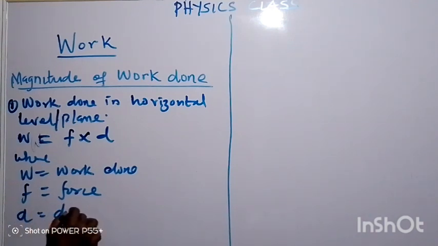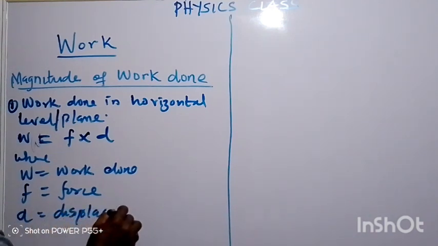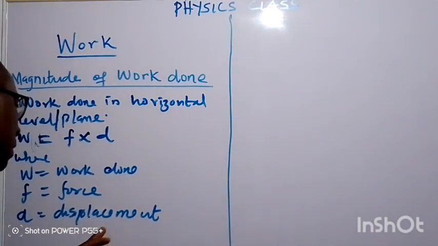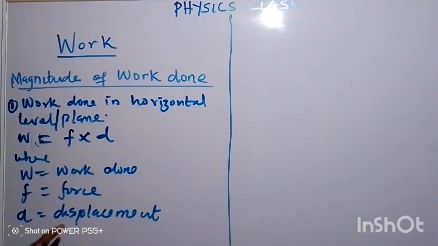We use displacement because force is a vector quantity and distance is a scalar quantity. If you use distance instead of displacement, you need to add in a specific direction so that you'll be able to tally with force. By using displacement, you don't need to add a specific direction.